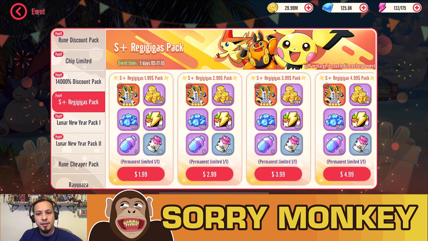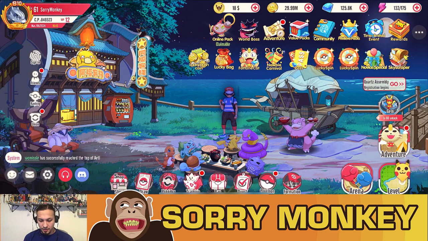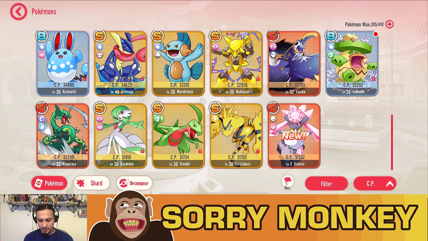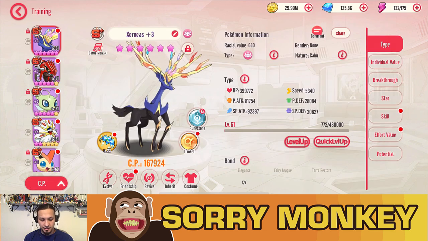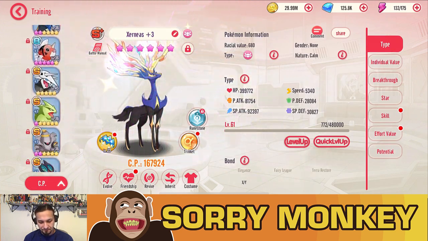So yeah, Megamon is just overall much more affordable. The Pokemon teams that you can build are more varied. There's more Pokemon you can build.